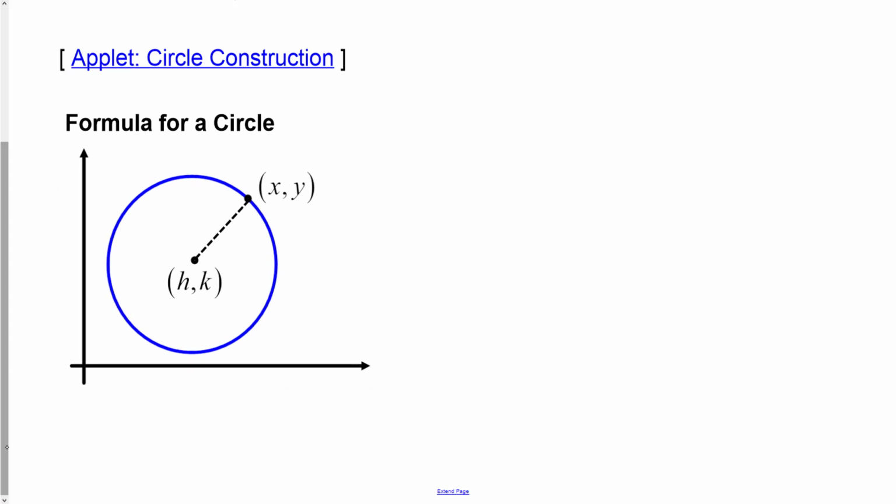Now, developing a formula for a circle, we take the general situation, center point at (h, k), and (x, y) as just some point on the circle. We know that we're keeping the distance between the center and that point (x, y) constant. We're calling that the radius. So using the distance formula, we could say that r is equal to the square root of (x minus h) quantity squared, so we take the difference of the x values, plus (y minus k) quantity squared.